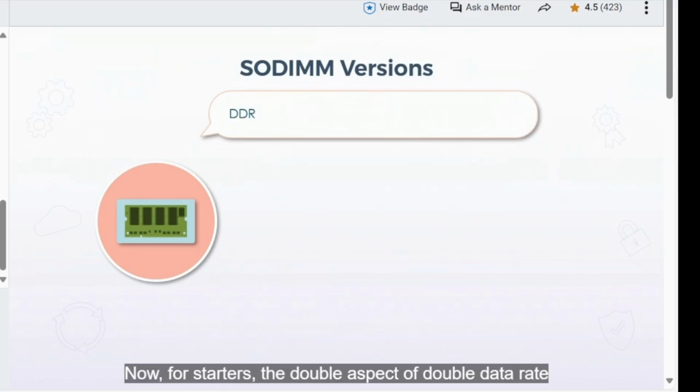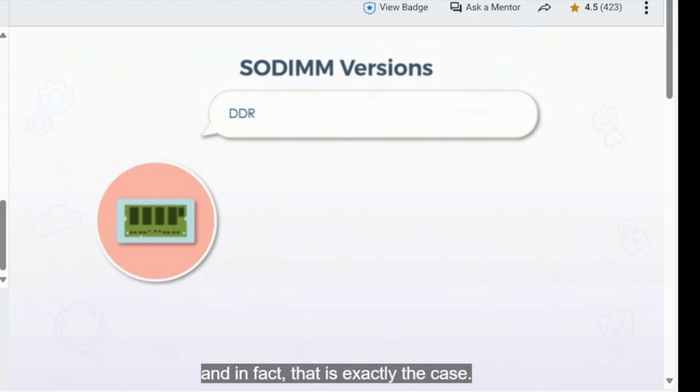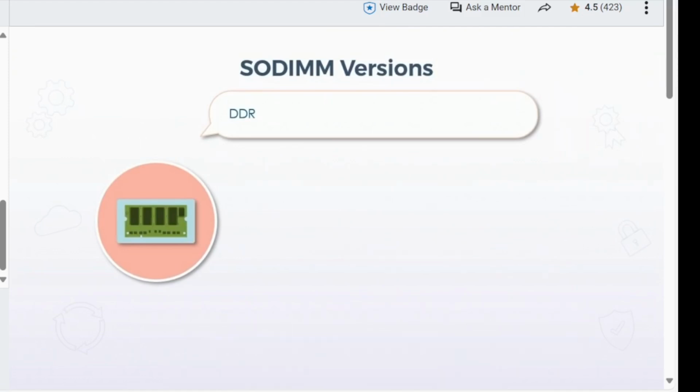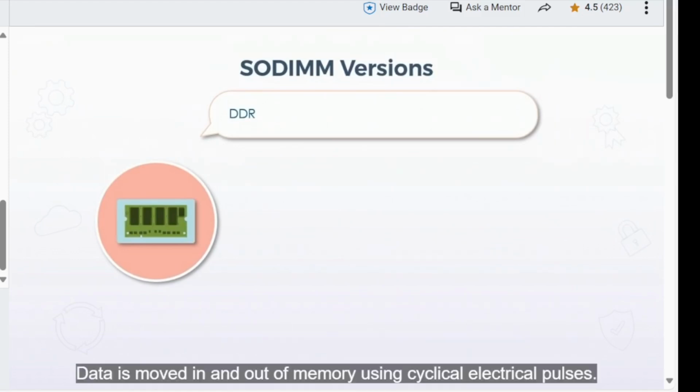Now, for starters, the double aspect of double data rate must have a single data rate that it uses as a reference, and in fact, that is exactly the case. But in this context, it doesn't refer so much to doubling any particular speed. Rather, it doubles the amount of information transferred on each cycle. Data is moved in and out of memory using cyclical electrical pulses.